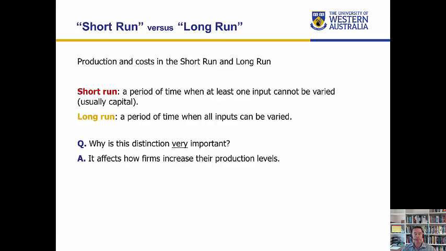The relationship between production and costs is very different under those two scenarios, i.e. the short run and the long run. So that's why it's very, very important. We have to do separate types of analysis when we are considering production changes in the short run versus production changes in the long run, because the relationships between production and costs are different in those two periods of time.